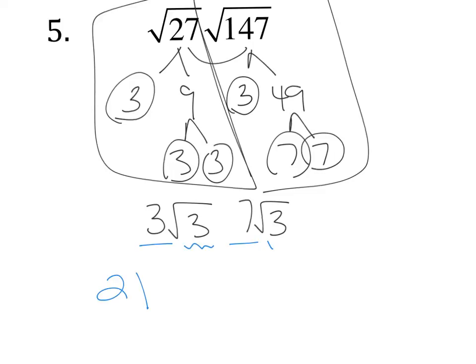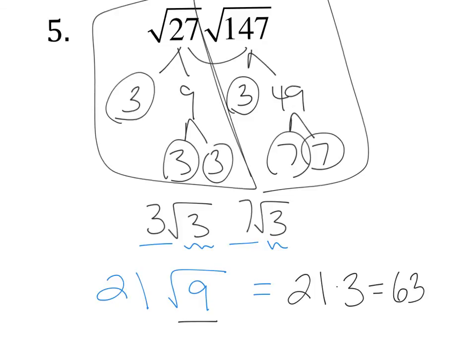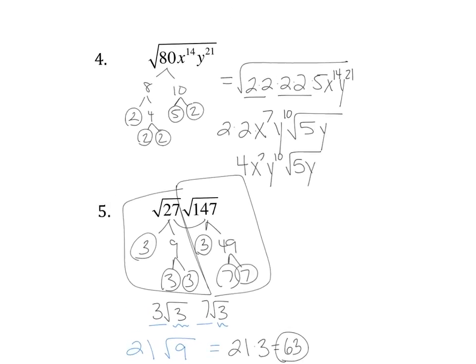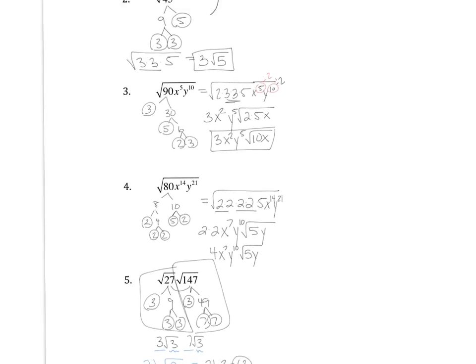You take the numbers inside the square root and multiply them. Then the square root of 9 is 3. So you'll have 21 times 3, which is 63. So that's how you do these types of problems. Again, you're just doing prime factorization and then looking for pairs.